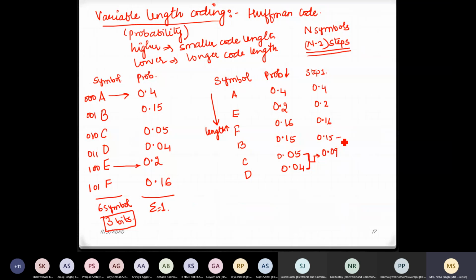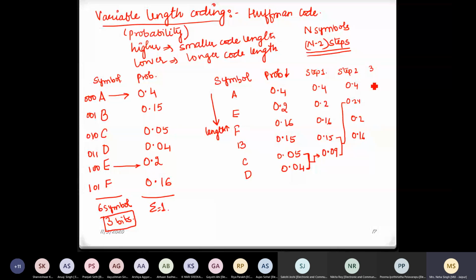Now again I add the last two probabilities and this will give me 0.24, right? So 0.24 will always be placed above this, as it is greater than 0.2. So I should shift it upwards. In step 2 the arrangement will change as 0.4, then the summation 0.24 will be placed here, which I got due to the sum of these. This 0.2 gets shifted downwards, and 0.16.